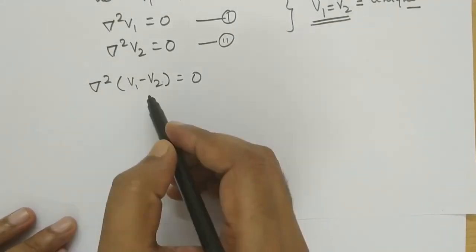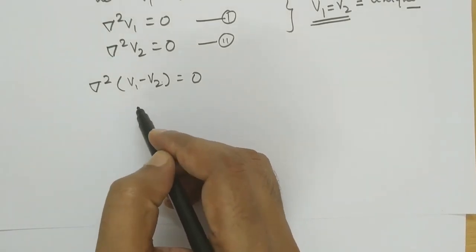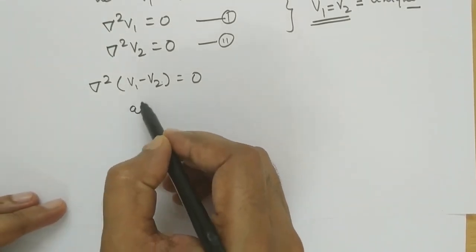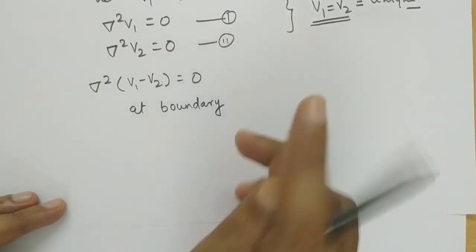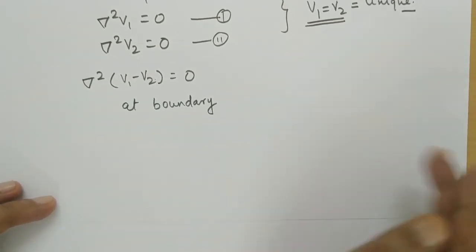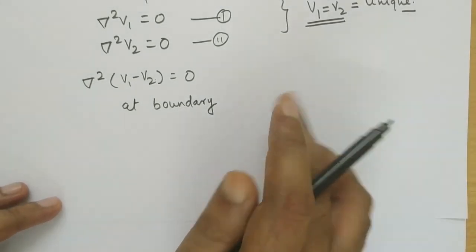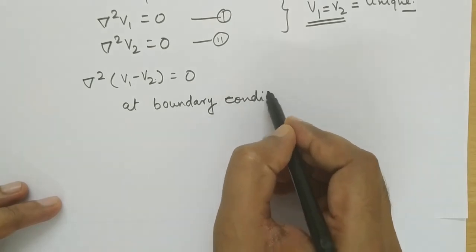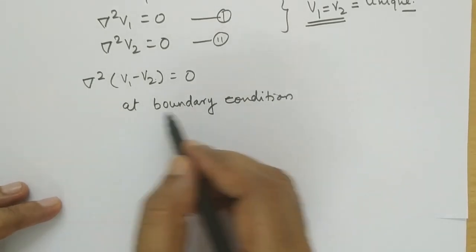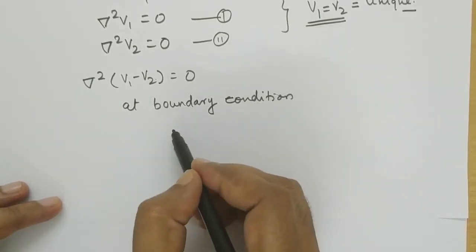First of all, the problem is only one, so the boundary condition will be only one, and for both solutions the boundary condition must be satisfied.